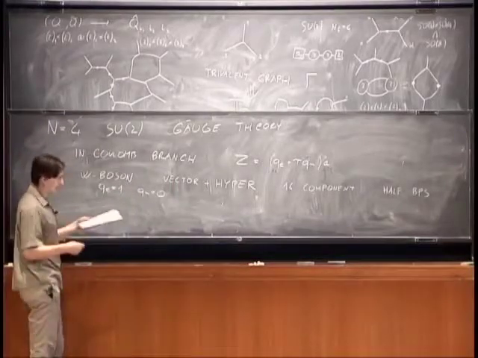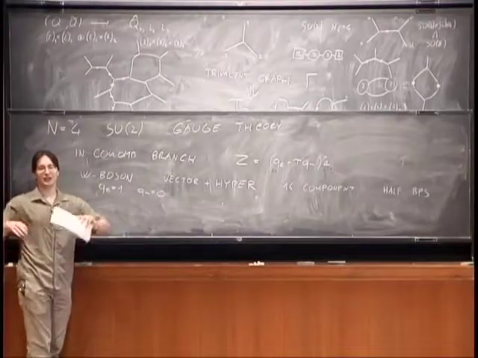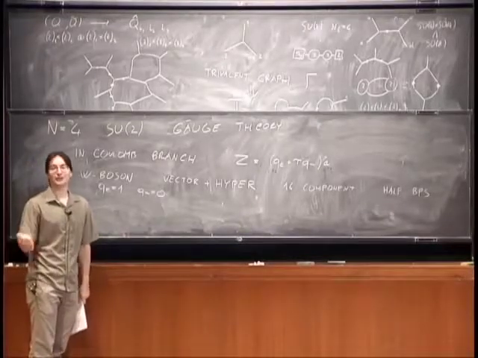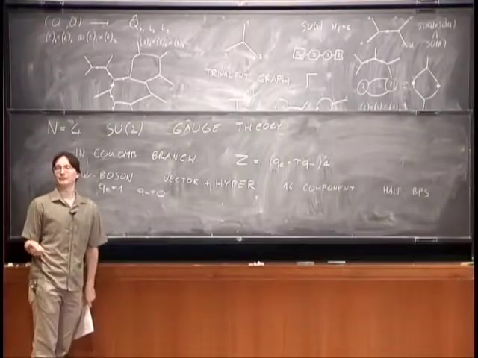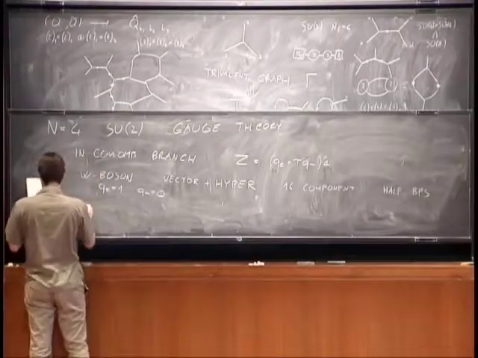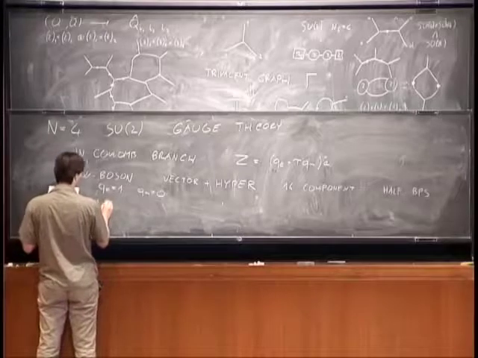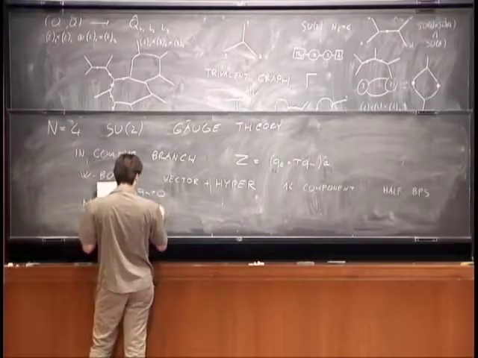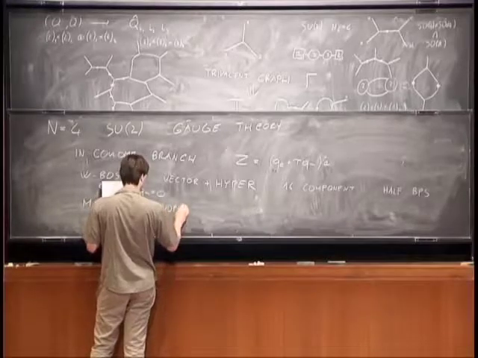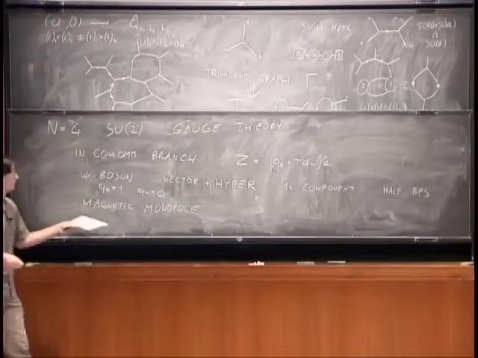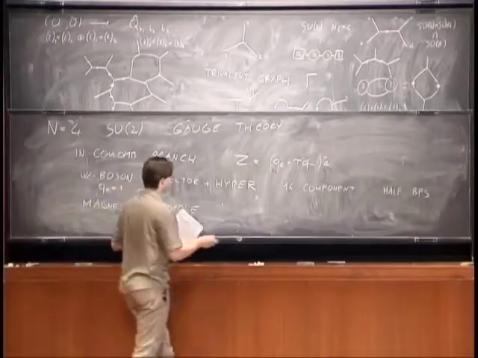Now, at weak coupling, you can build classical solitonic solutions and do semi-classical quantization around them to produce more particles. For example, there is a magnetic monopole. The magnetic monopoles, again, can be half BPS.